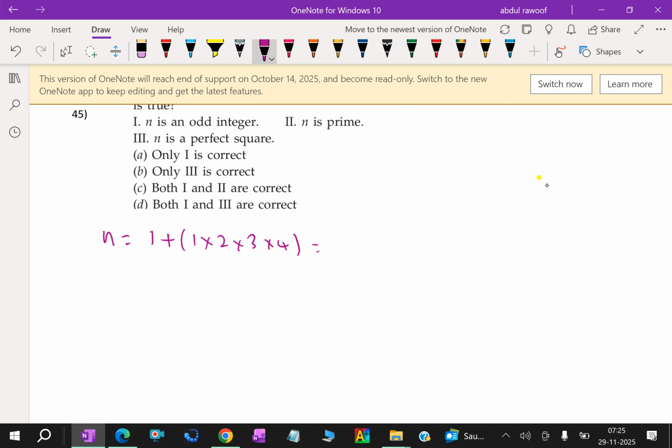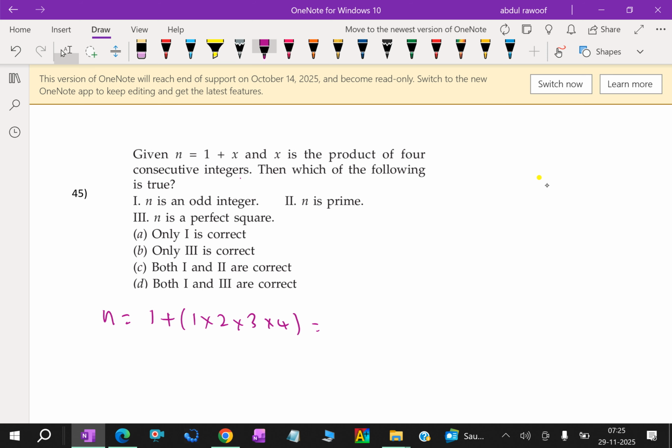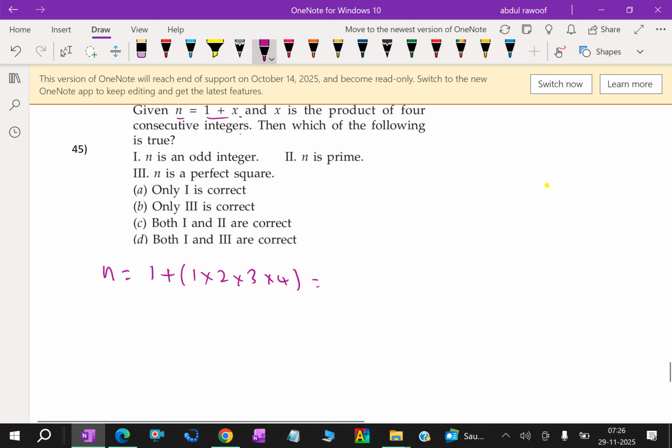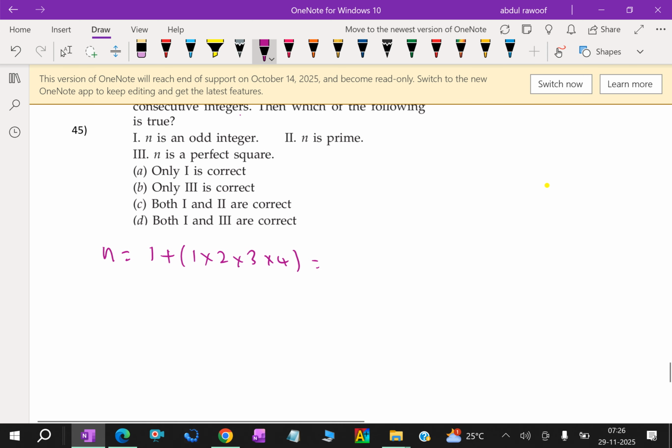This value is for n because n is given as 1 plus x, where x is the product of four consecutive integers. Here 2 into 6, 24, it's 25.